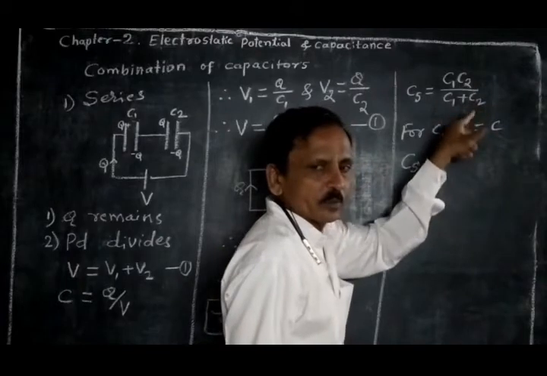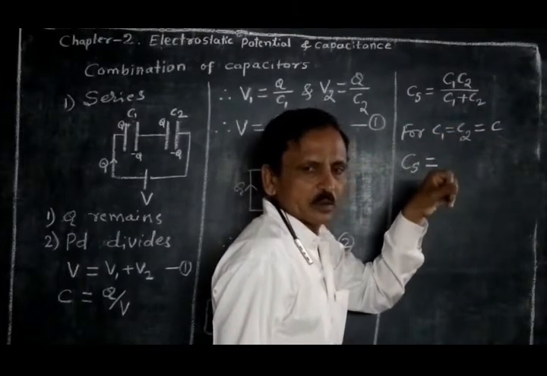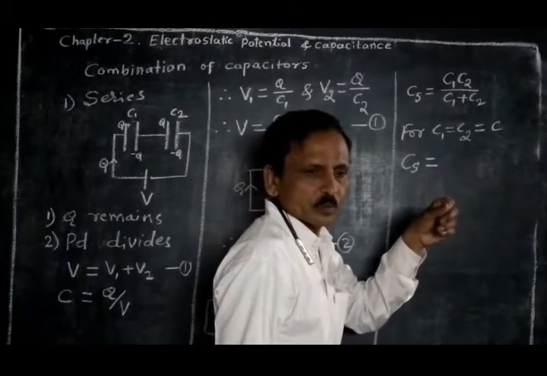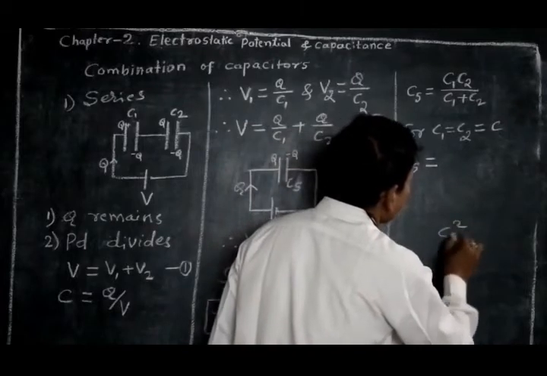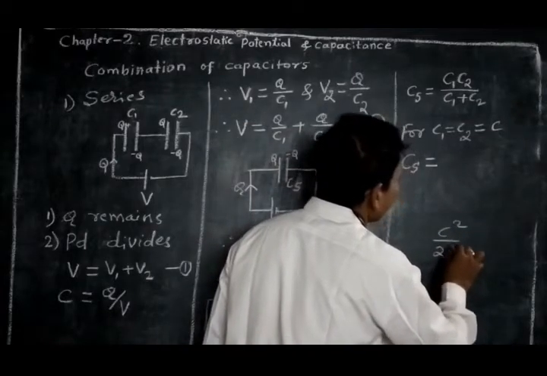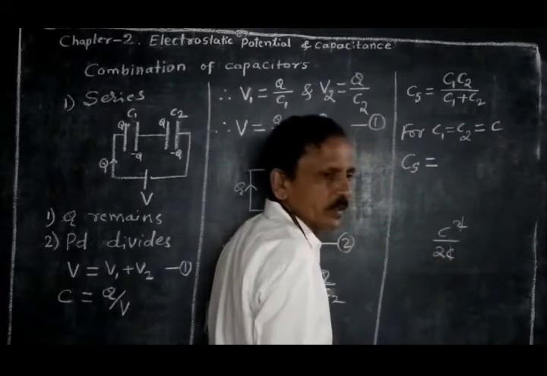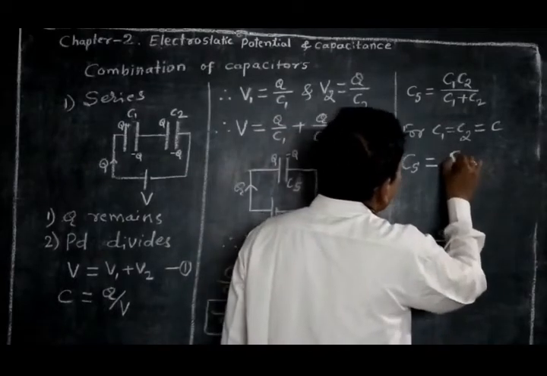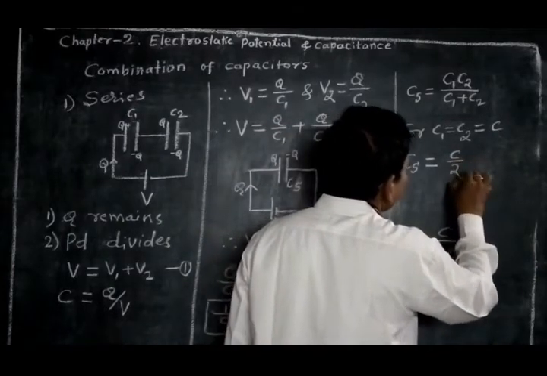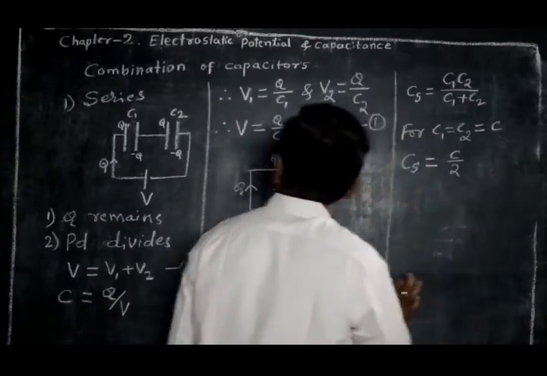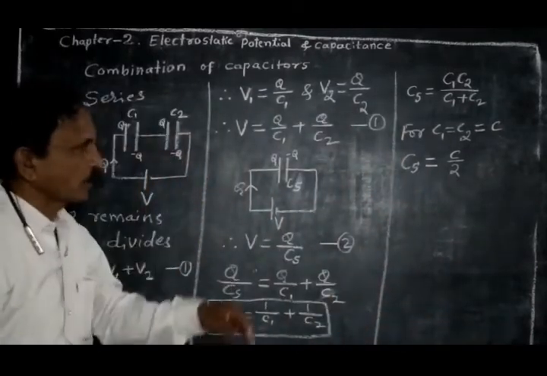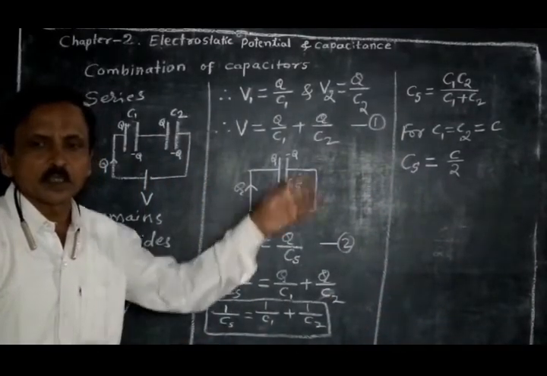C square divided by 2C equal to C by 2. C gets cancelled, C divided by 2.